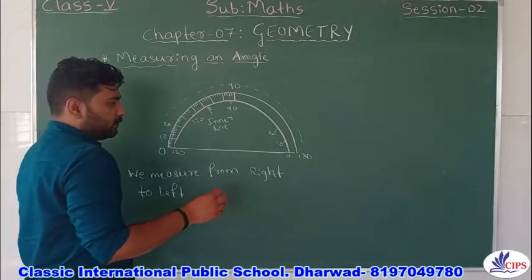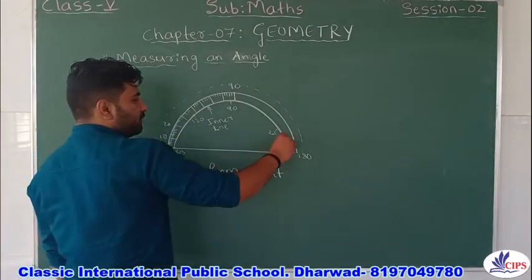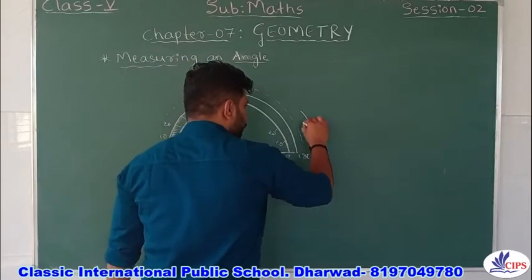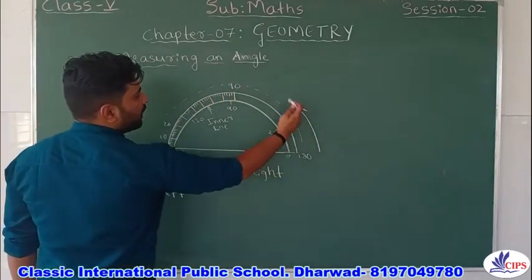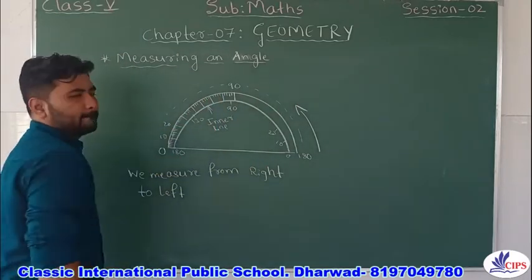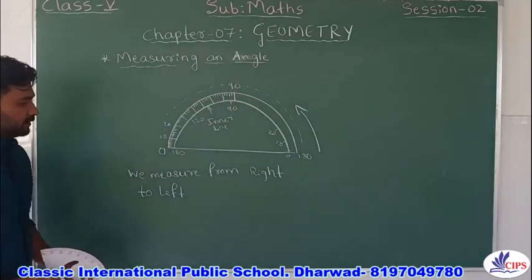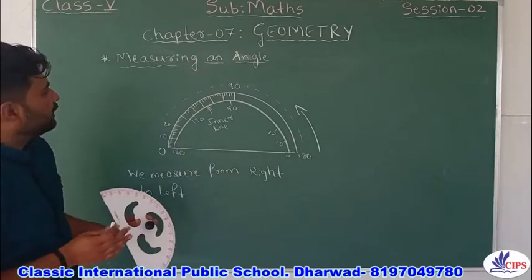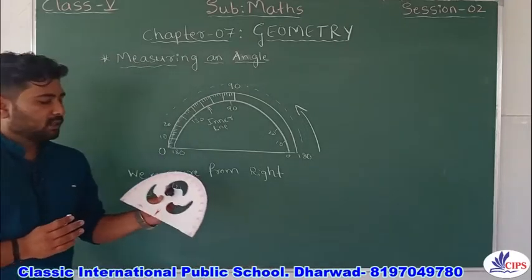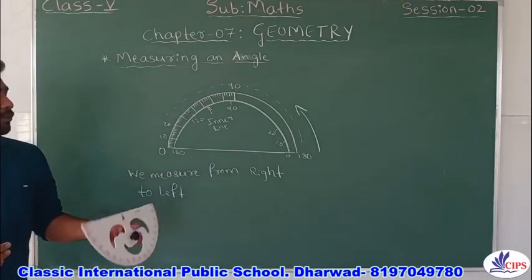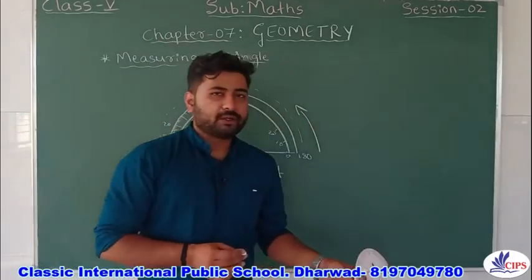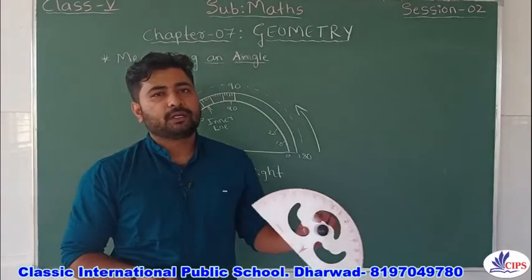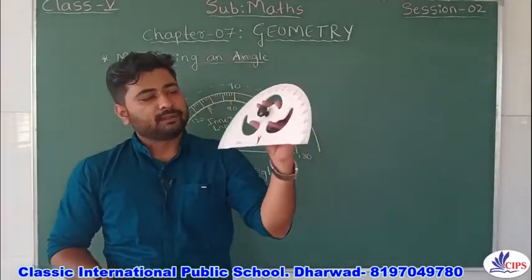I said we are going to measure from right to left. In this way, we are going to measure. Okay, fine. So this is a small introduction about a protractor. Now I'm going to tell you how we measure a given angle.